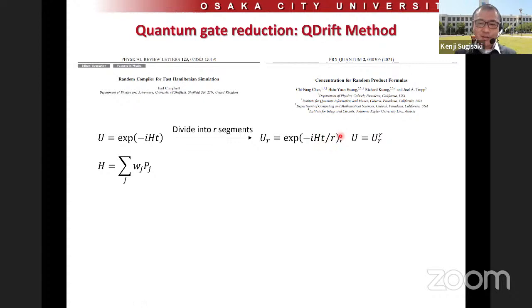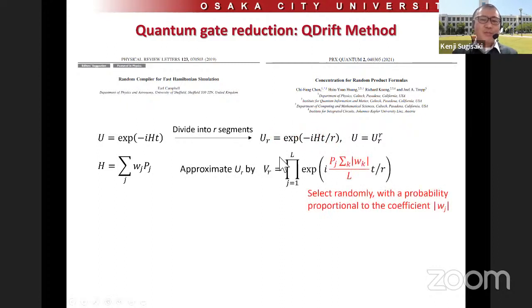So the original time evolution operator can be written as U_R to the R's power. Usually we have to apply Trotter decomposition to this term, but in the QDrift method, we approximate this U_R by using this operator.